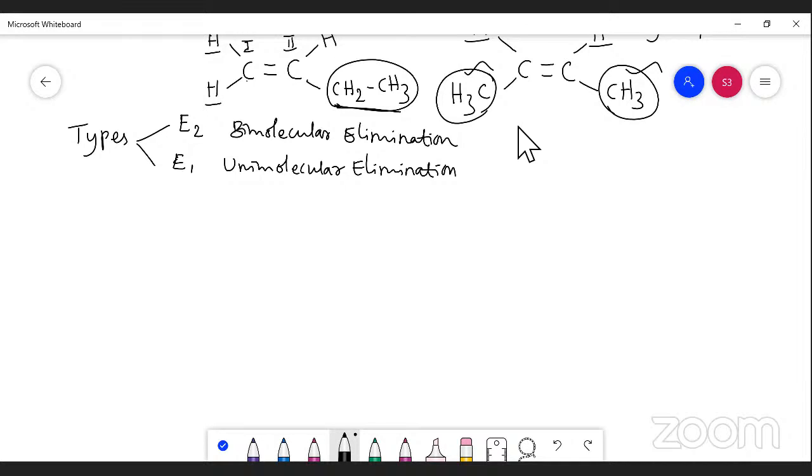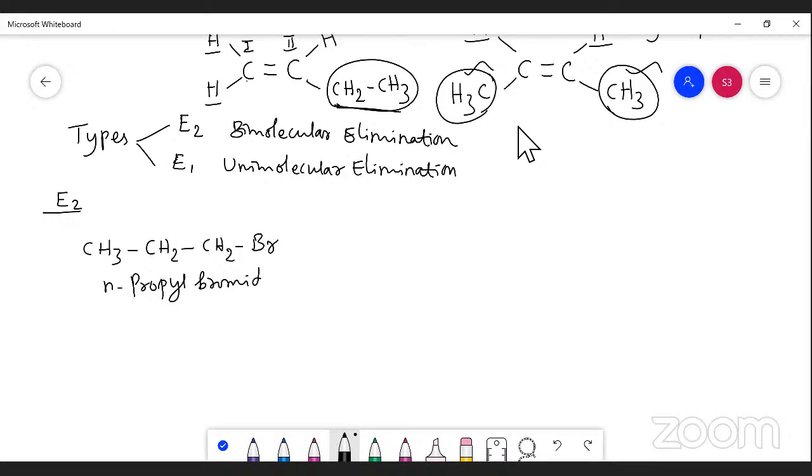So you know that bimolecular elimination is first, E2. Okay, the haloalkane. Suppose for example, I can take CH3, CH2, CH2, Br. Indicating a straight chain, I can give you n-propyl bromide.